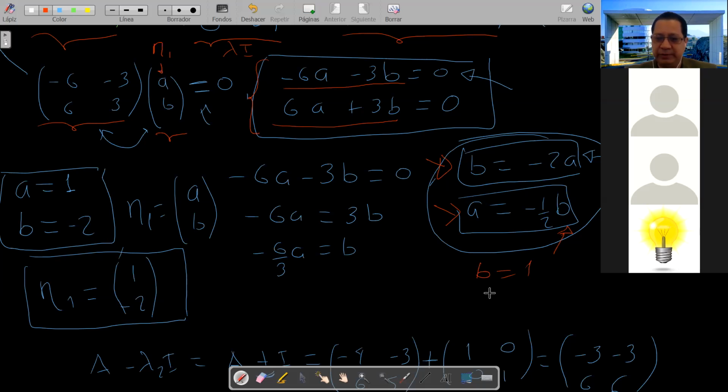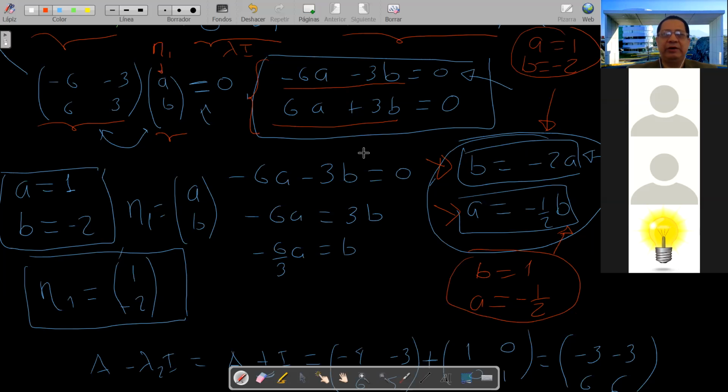Or you can use the first. If you give any value for a, for example, 1, then b will be equal to -2. So this is a pair of solutions for this system of two equations.